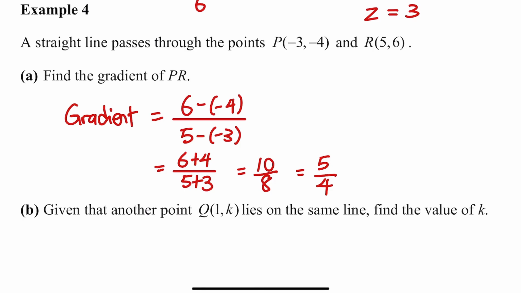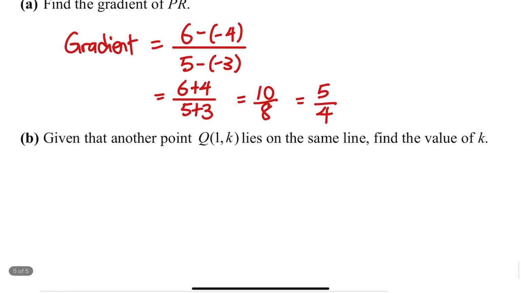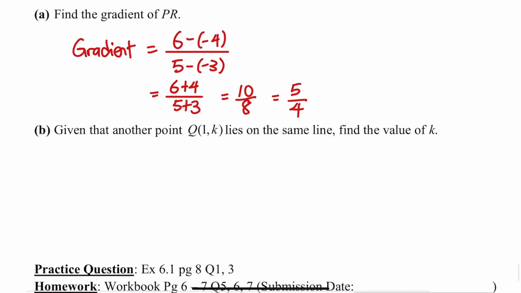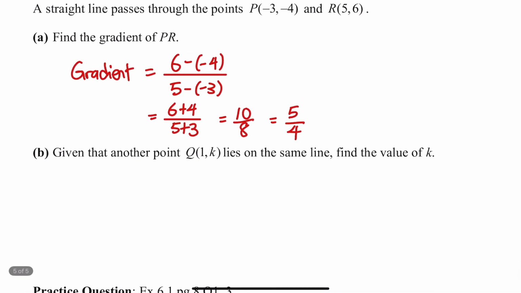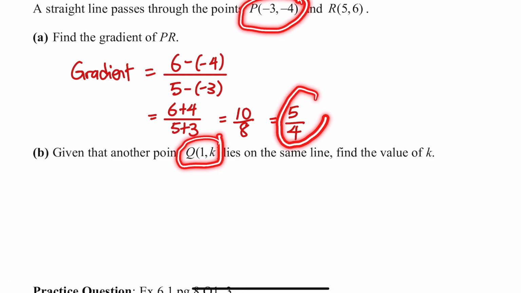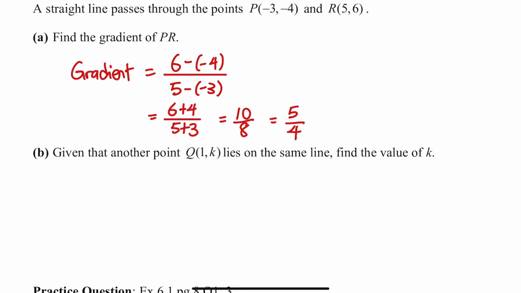Okay, then the last one. Given that another point lies on the same line, find the value of k. If they lie on the same line, it means that if I take this point and another point and find the gradient, it should be equal to 5 over 4. So let's choose any point. Let's say I choose P and Q. I find the gradient of PQ.